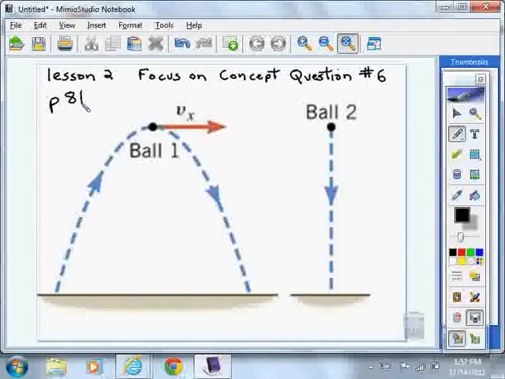A, ball 1 reaches the ground first, since it is moving at the top of its trajectory, while ball 2 is dropped from rest. B, ball 2 reaches the ground first because it has the shorter distance to travel. C, both balls reach the ground at the same time. D, there is not enough information to tell which ball reaches the ground first.